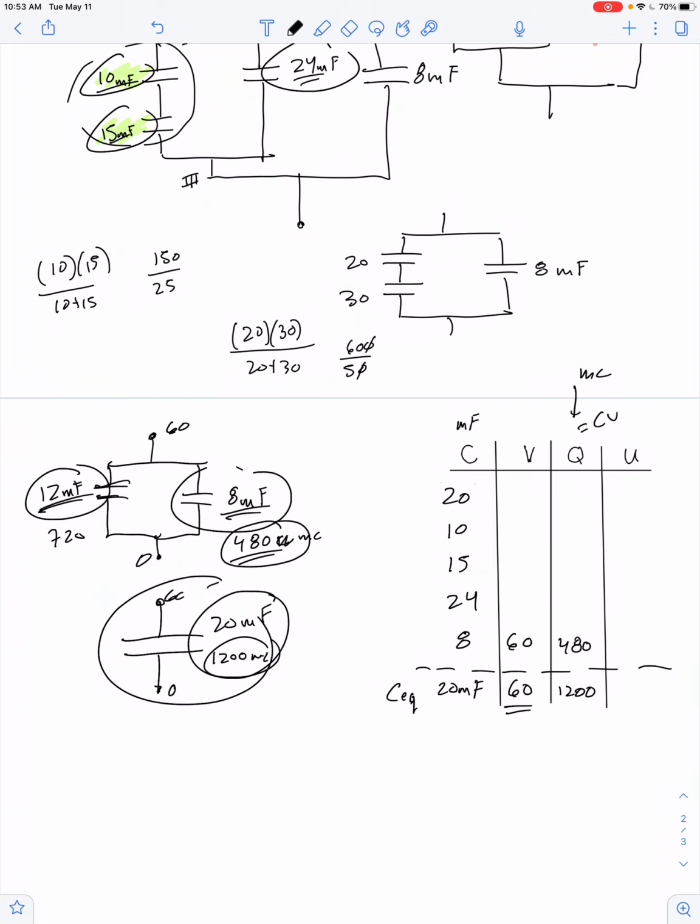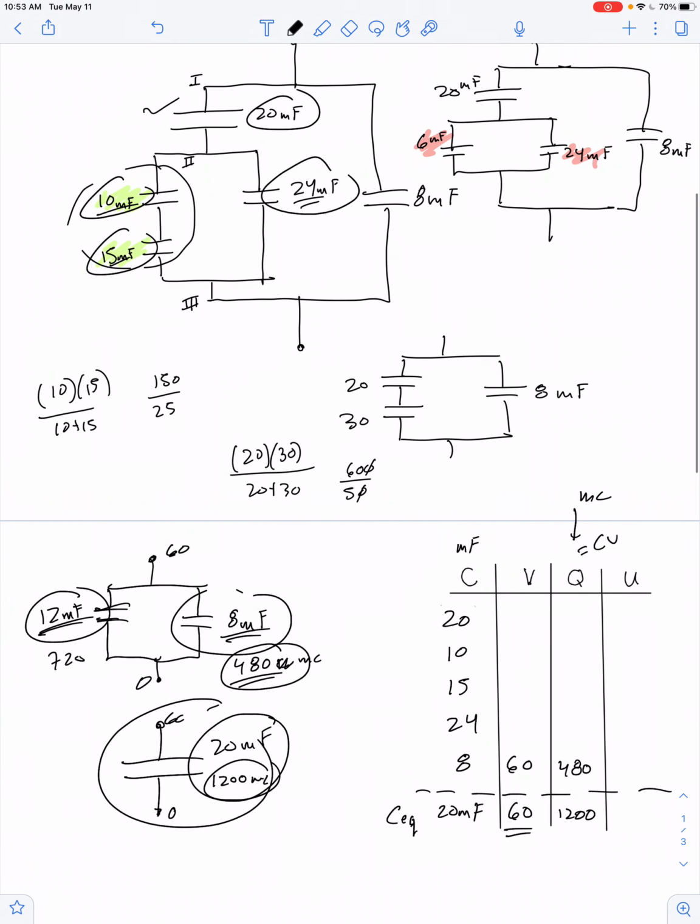Sure. Okay, so let's go back a step here. This has 480 millicoulombs. These plates that I've just highlighted, we could think of those as these plates. And then charge by induction means that we're going to have 720 millicoulombs on each of these capacitors, right?